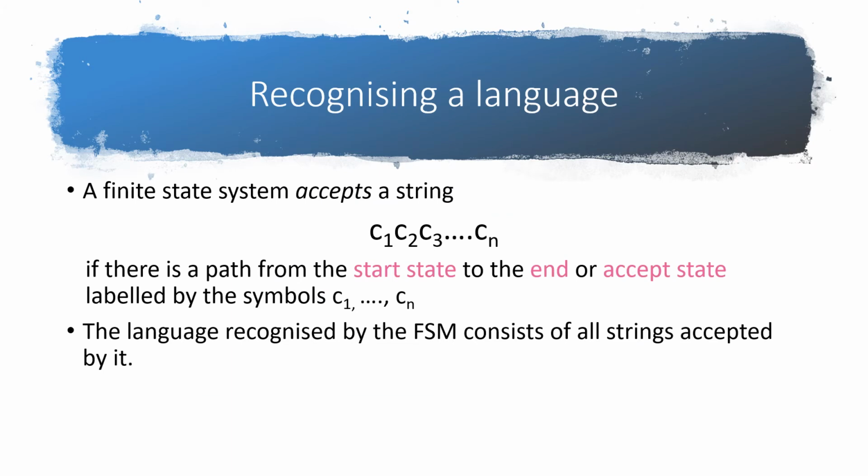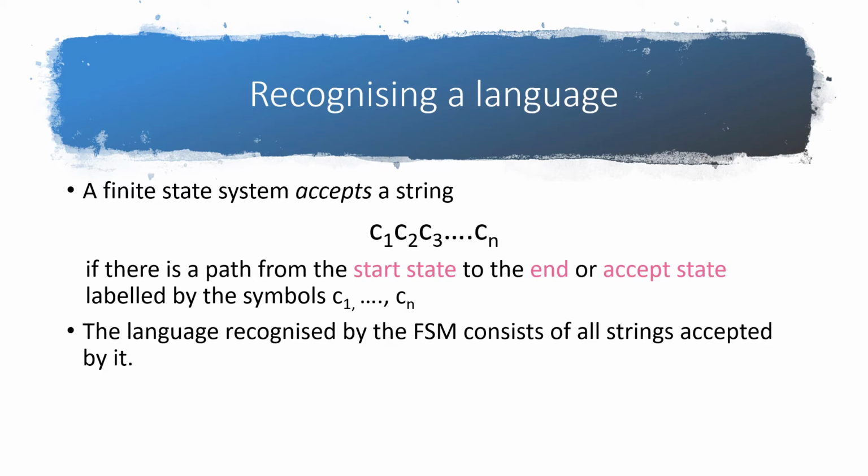What we're going to use our finite state automaton for is to recognize a language. So it's going to hopefully identify all of the strings that should be accepted by a specific language.